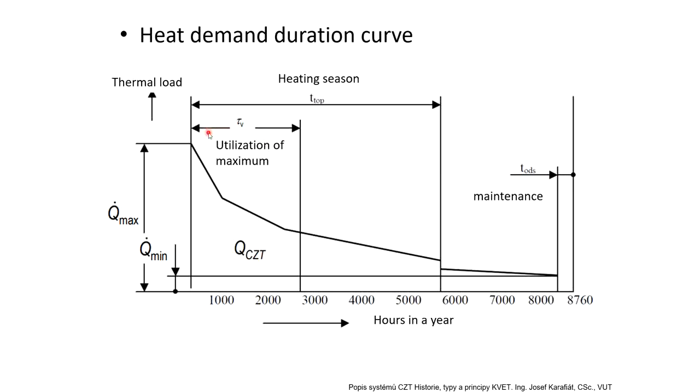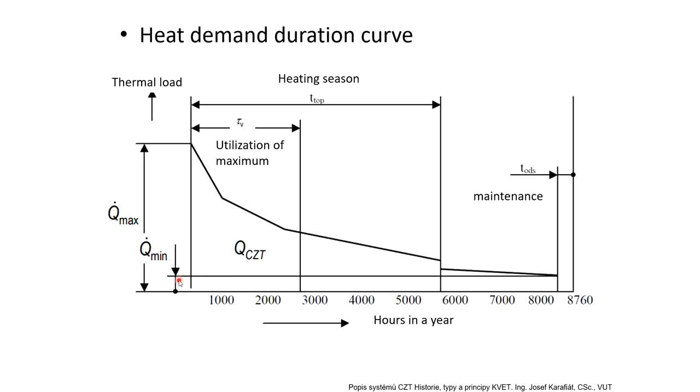Then if you would take the maximum thermal load and convert the area under the curve into a rectangle, you would get a period which is called utilization of the maximum power, which is the period of how long this maximum heat demand would be supplied over the year to cover all the heat required.